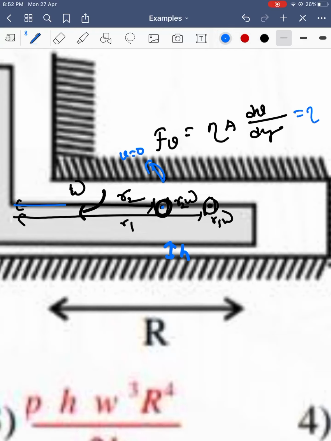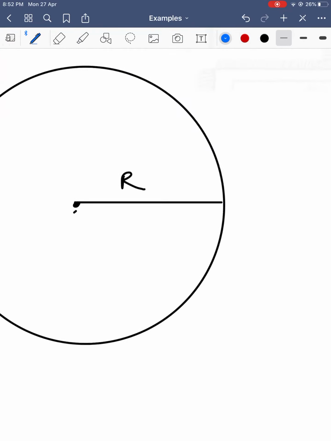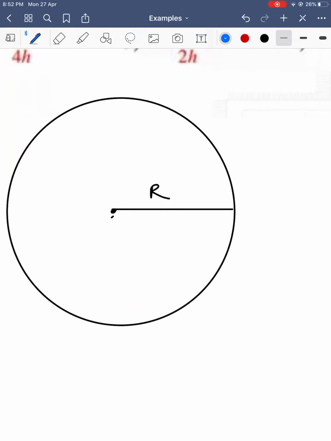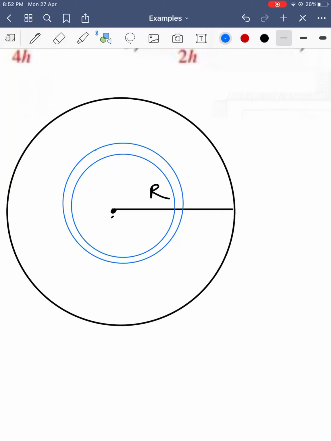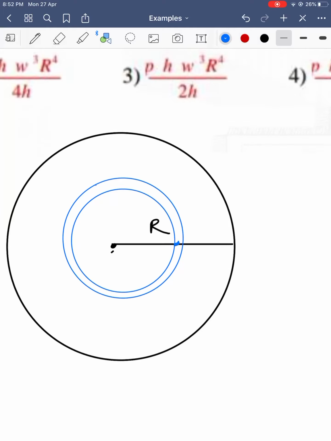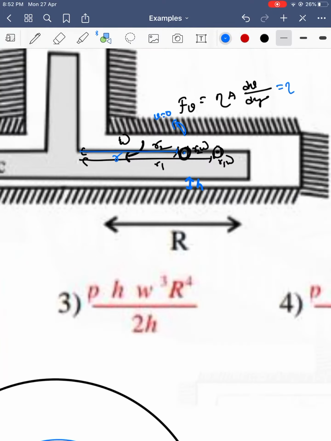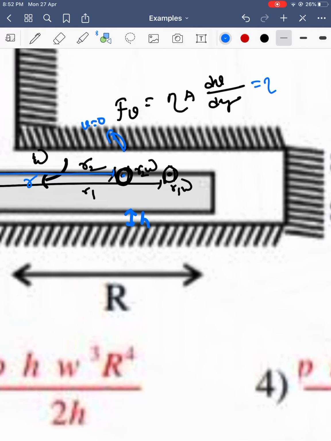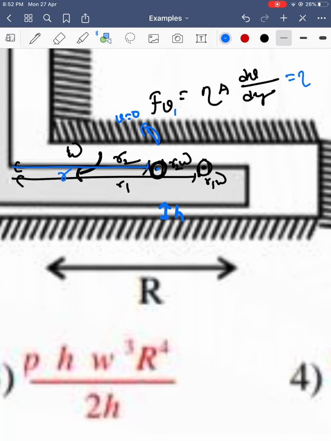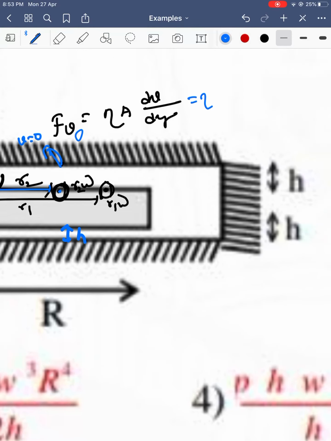If I consider any distance r, let's consider the diagram at any position r. It's not just one part, it is a uniform disk. So the force at any position, position P, is mu times area.